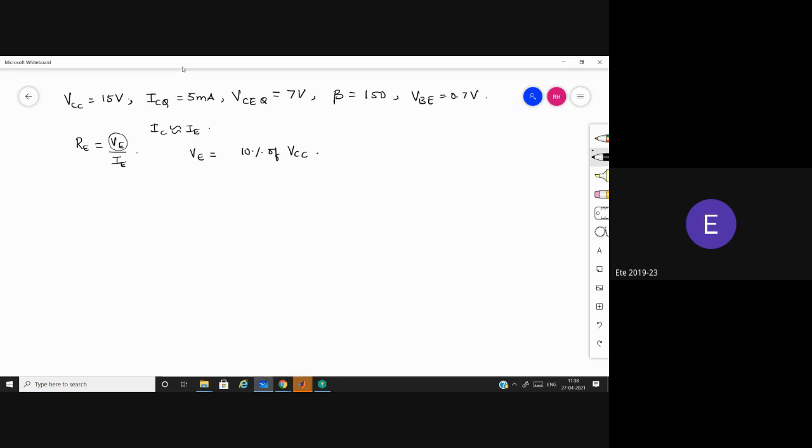Okay, so VE is 10% of VCC is the assumption we are going to make, such that how much will we get for VE? It is 1.5 volts. Now, can we find out RE? Yes, sir. Tell me, what is the RE value?